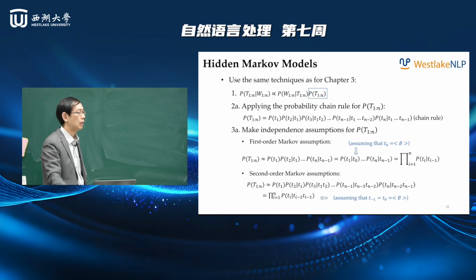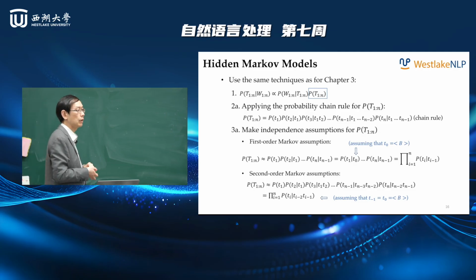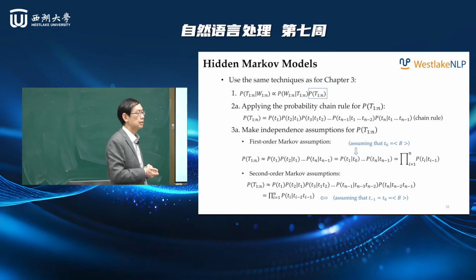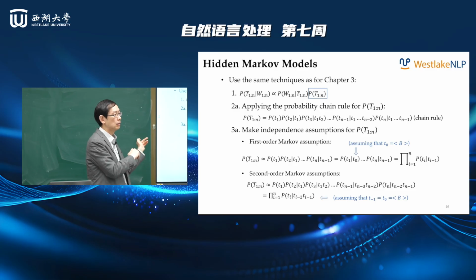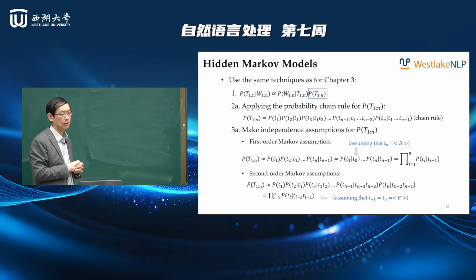You can assume that every tag is dependent only on the previous tag. So that's the first order Markov assumption. Or you can assume that every tag is dependent on two tags on its left. So that's the second order Markov assumption. And further, similar to when you're building an n-gram language model, you can put those pseudo sentence beginning symbols to the beginning, so that your model contains only one parameter type.